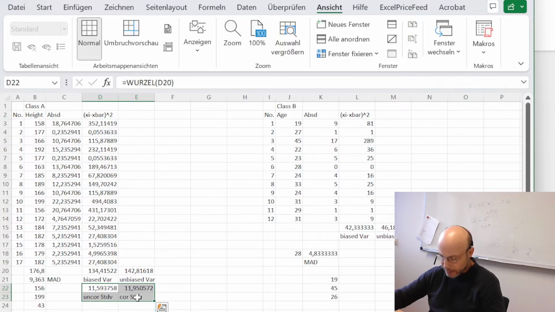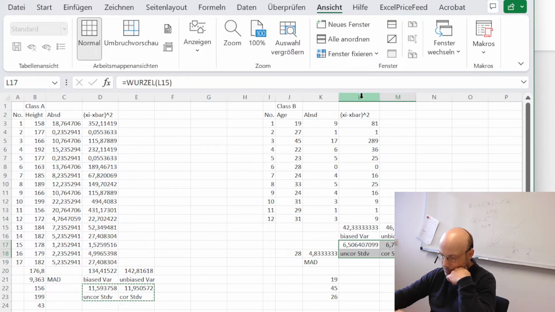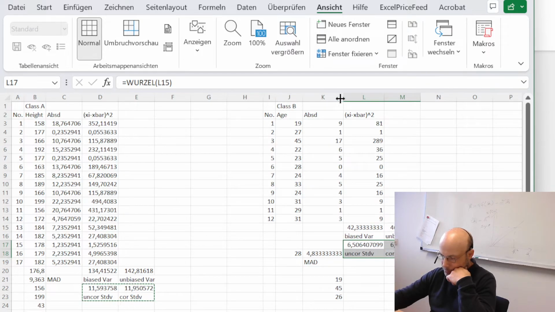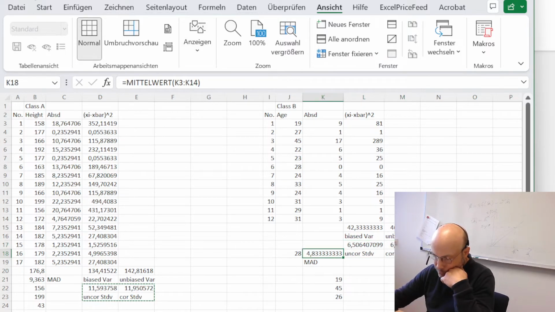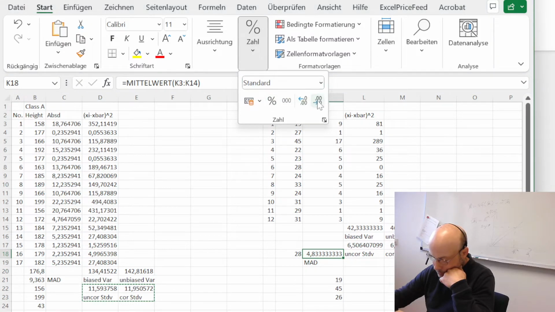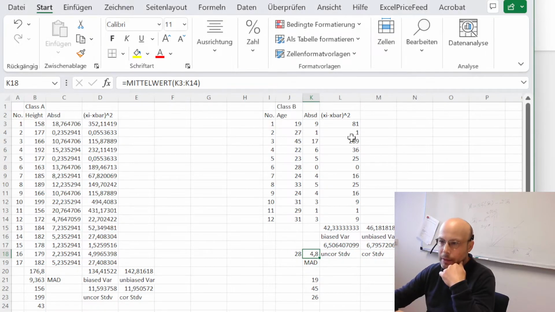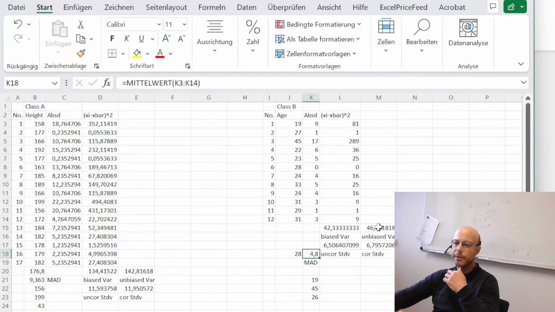And if we have done this here, we can just copy this up to here, because all our formulas are just moving. Let's change this, and now you see the numbers here.